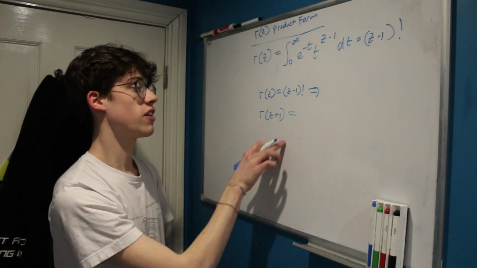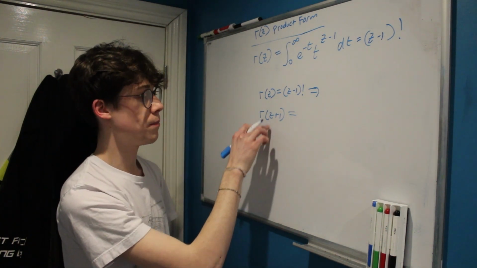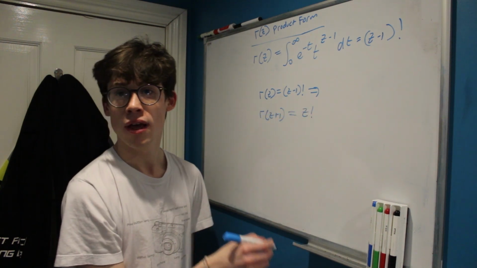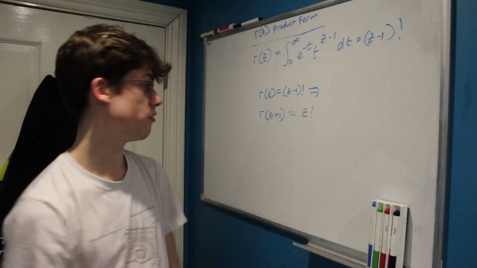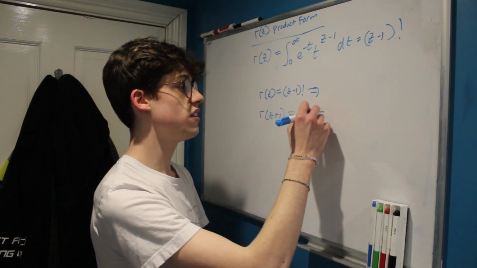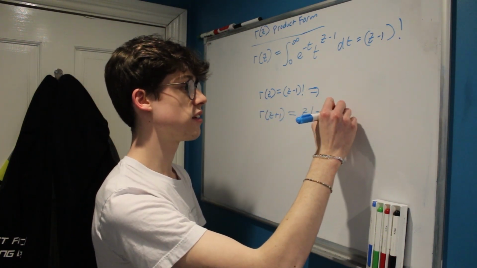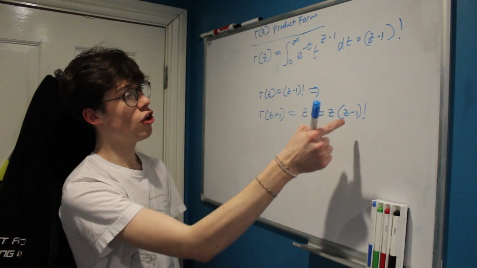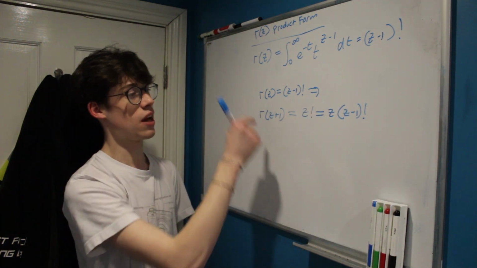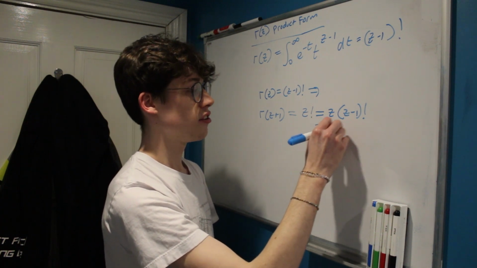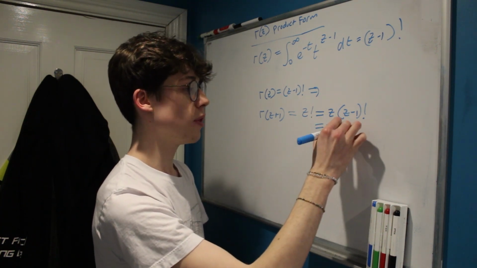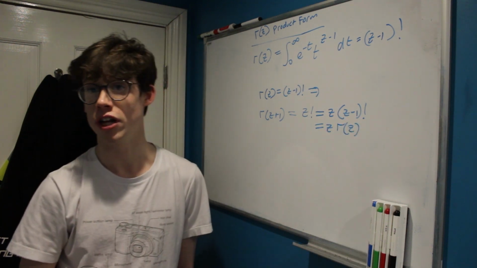Well, it's going to give us the factorial of 1 less than the input, which is going to be z factorial. But something interesting about the factorial function is that we can write z factorial as z times z minus 1 factorial. And we already know what z minus 1 factorial is, that's gamma of z. So we get this interesting property, which we might make use of either later or in another video.